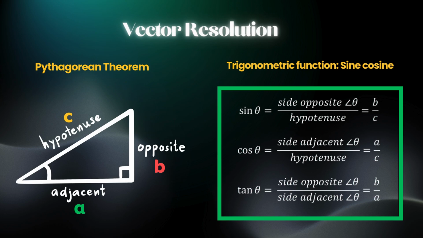The vector we are looking for, which is the resultant, is the diagonal or the hypotenuse of that triangle. We are using sine and cosine functions from trigonometry in resolving a single vector into two perpendicular components, one along the horizontal and another one along the vertical.